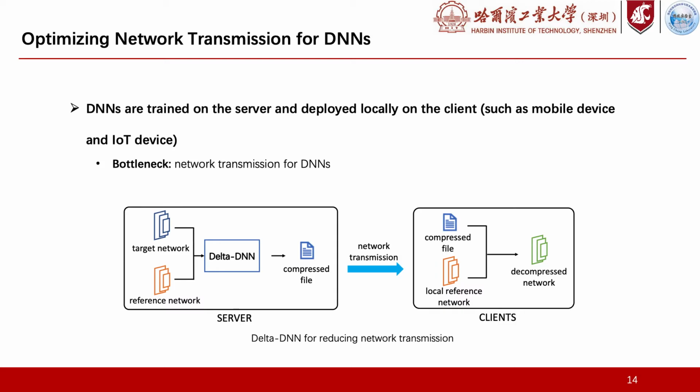Therefore, the process of transferring the newly trained model from the server to the client is usually similar to software updating on a smart device. In this scenario, the network of the resource-constrained client is usually a system bottleneck when updating DNNs. Thus, applying Delta-DNN in this scenario, just as this figure, can optimize the network transmission for DNNs by compression.